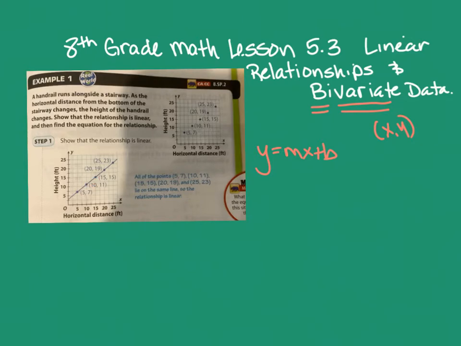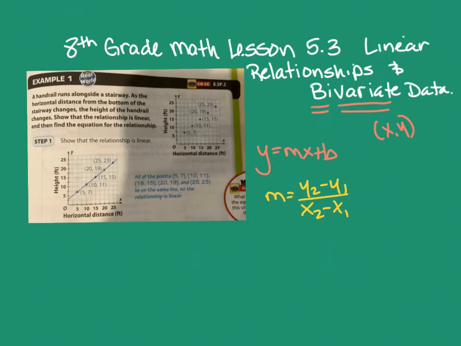Rise over my run as a fraction. I don't have super precise points that are easy for me to find. I do have these numbers there, so I'll just use them in the slope formula. m equals y2 minus y1 over x2 minus x1 is pretty quick to calculate.